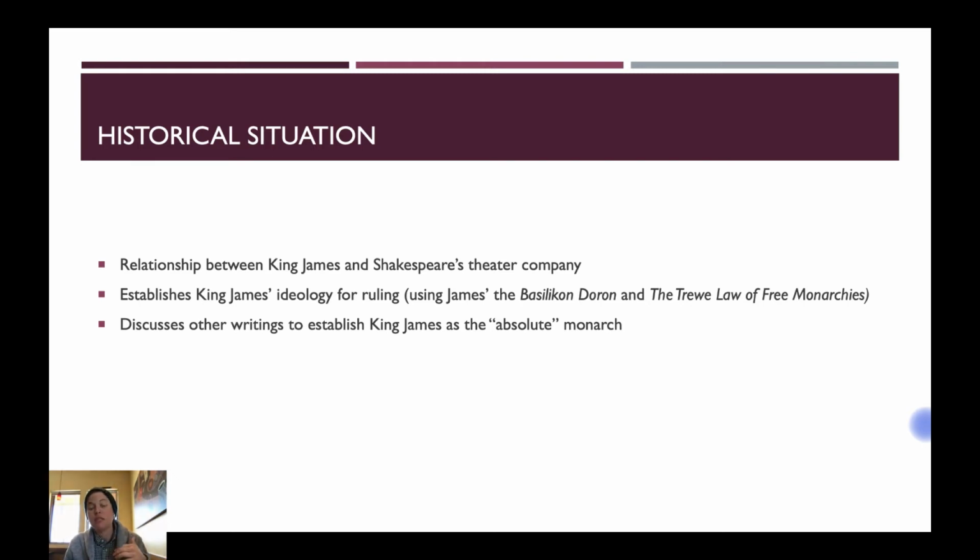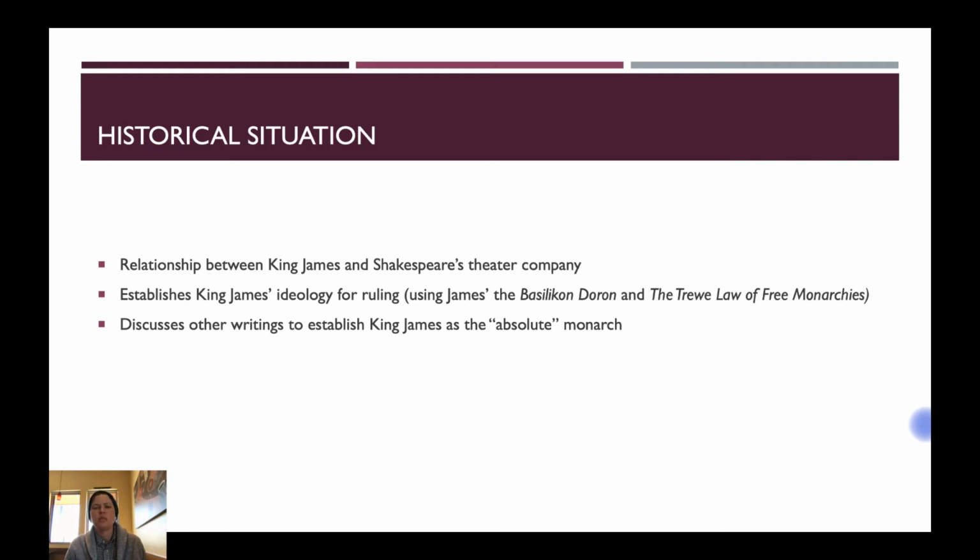But then he comes into England, takes control of that country as well, and he renames Shakespeare's company from the Lord Chamberlain's Men to the King's Men. So he elevates their status. We can see that the King's Men have a higher patronage than the Lord Chamberlain's Men. It elevates them and makes them fancier. It shows that they are the best of the best.